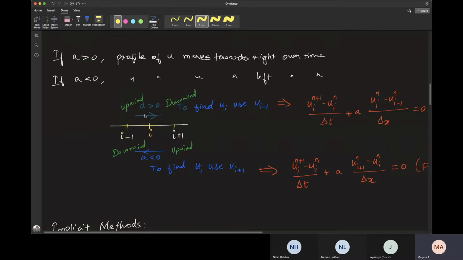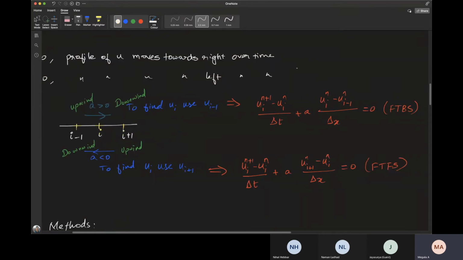If we have a wave moving towards the right, this is the upwind of the wave, like going up the wind. And this side is the downwind direction. Now you can construct some scheme for the linear convection equation.